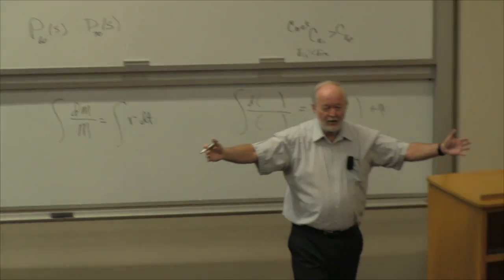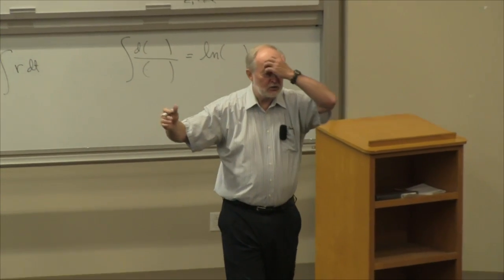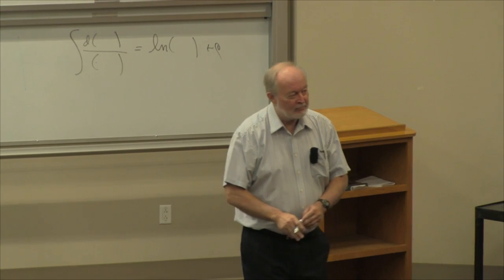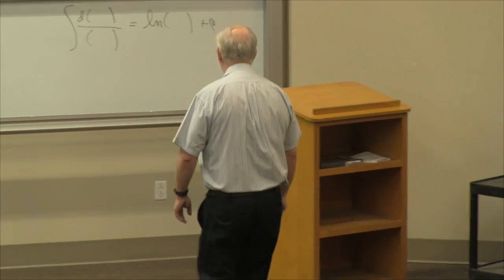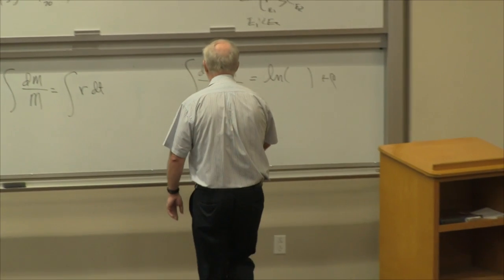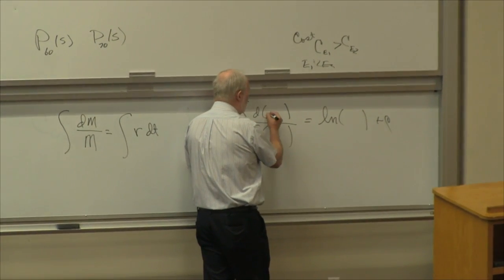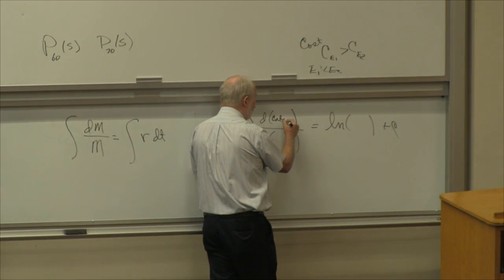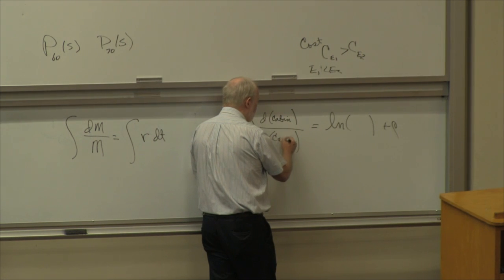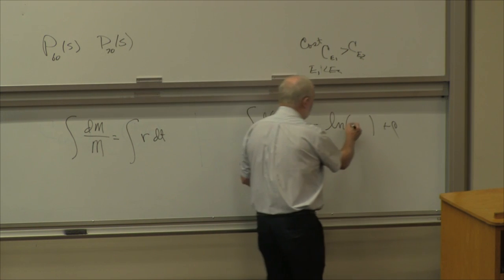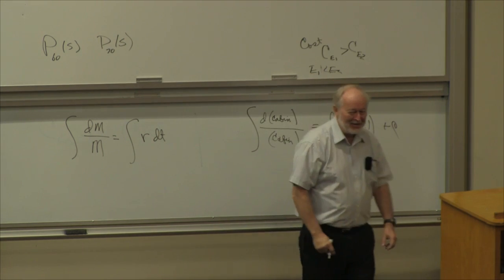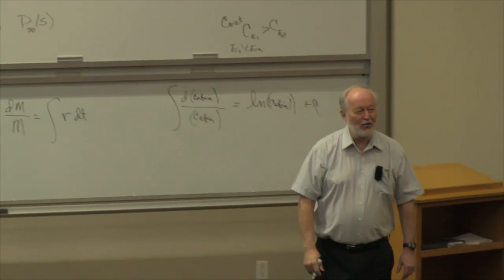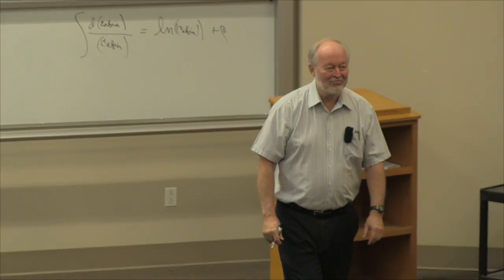Ever since Newton discovered calculus, you lose 2 points if you forget to put down the c. Alrighty, no big deal. That means that anything I put in here, you get this. So I have that the integral of d cabin over cabin is a log cabin. Okay, so whatever you put in there, that's what you're going to get back.